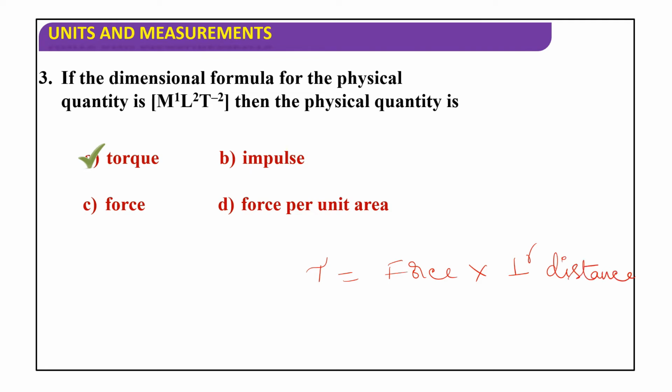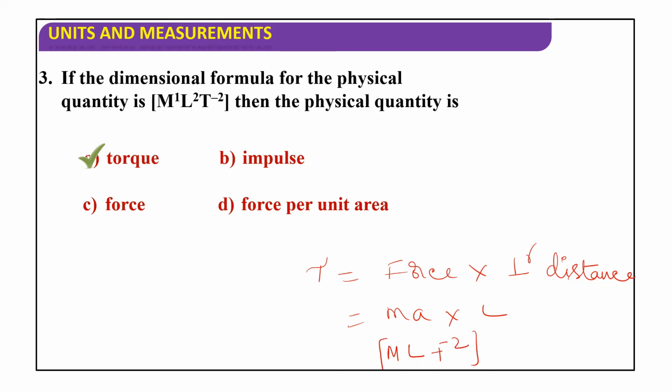So the force is nothing but ma, and torque is force times perpendicular distance L. The dimension formula for force: force equals mass into acceleration, mass dimension is M, acceleration is L T power minus 2.